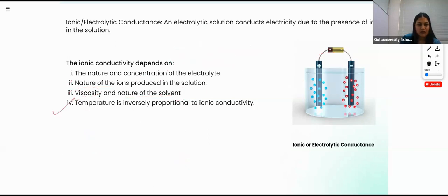Next, the last factor is the temperature. The conductance or ionic conductivity increases with increase in temperature.